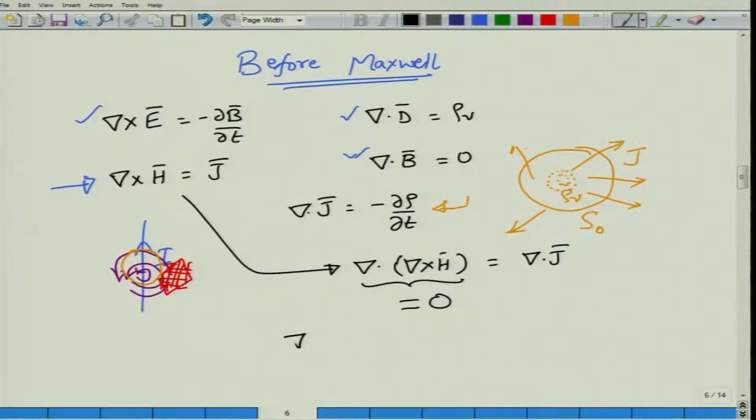This seems to indicate that if I take the divergence of J, that should be equal to 0. But unfortunately this is not consistent with the charge conservation. Either we let go of the charge conservation and accept the fact that del dot J is equal to 0, but if we do that, then you can create charges whenever you want and you can destroy charges whenever you want.